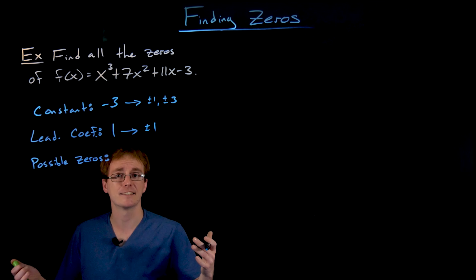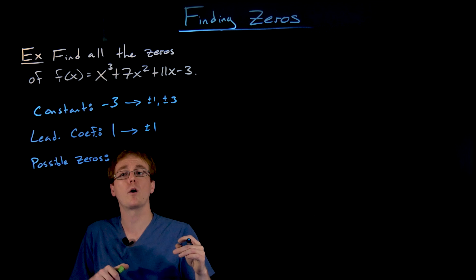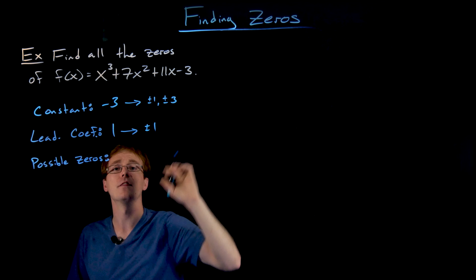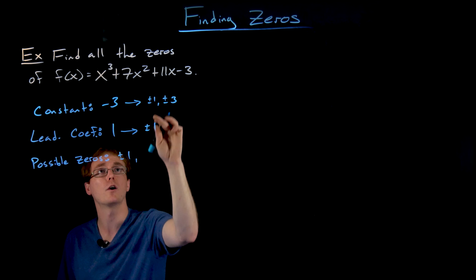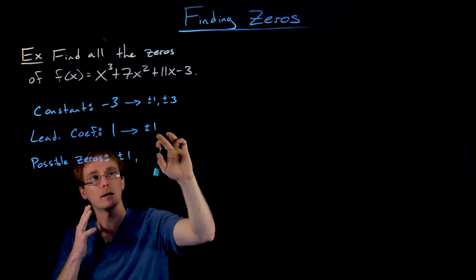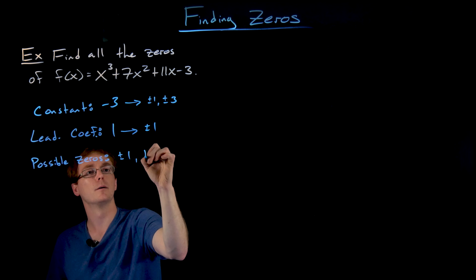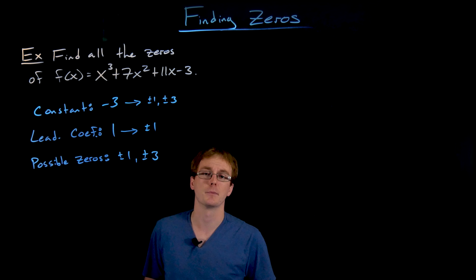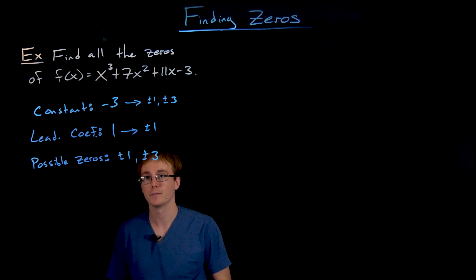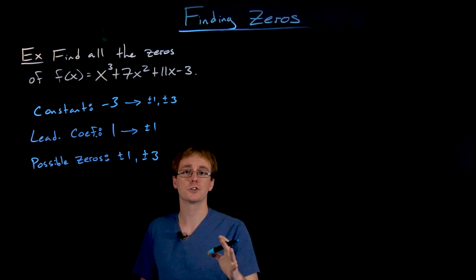That's kind of the nicest case to have here when you have a leading coefficient of 1, because you're really just focusing on the factors of the constant term then. So our possible zeros are ±1 divided by ±1, or ±3, again, divided by that ±1, but division by 1 is not really changing anything here. All right, so we have 4 potential zeros.